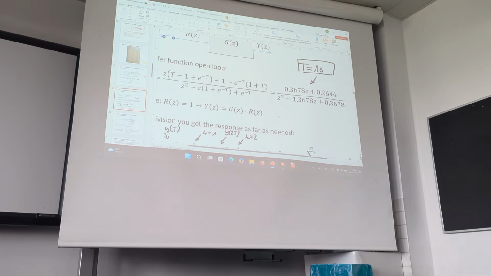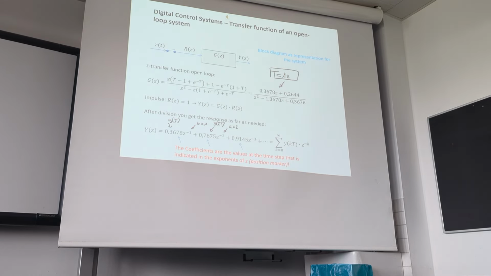This is what we see here on the slide again. Here we see the individual terms of our y of z. And now we can interpret this sequence of values, y of z, as the coefficients. These are the values at the time step that is indicated in the exponents of z.